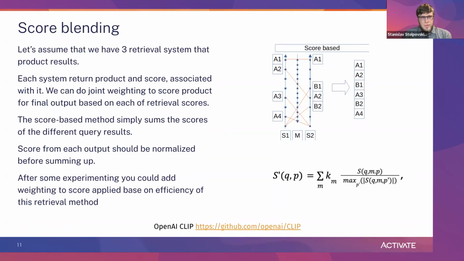The basic approach that we introduce here is that each of the retrieval systems has its own weight. And when we do the final score calculation, we take the weights for the product from each system, and we apply a coefficient for this system, and we get the final score.